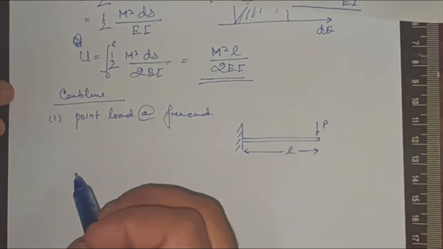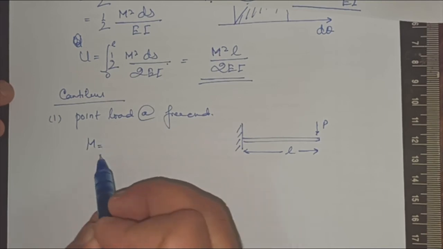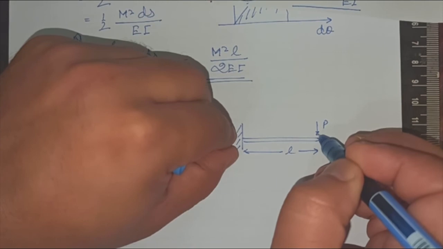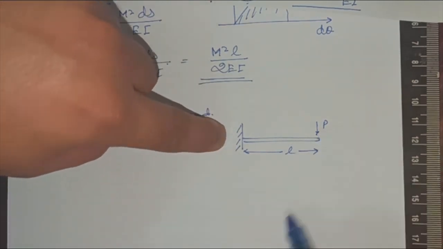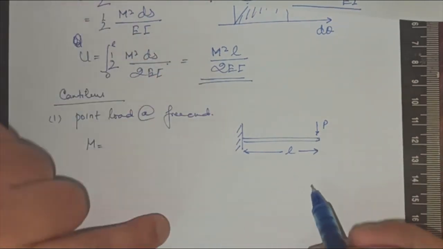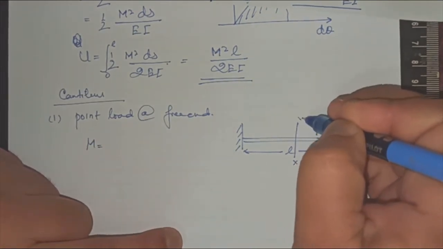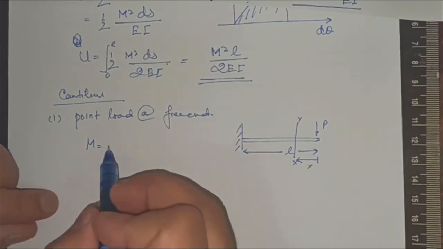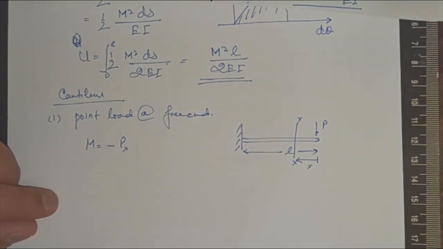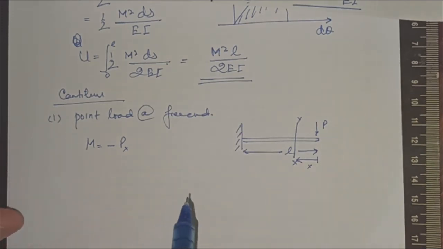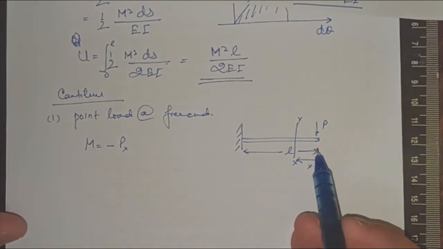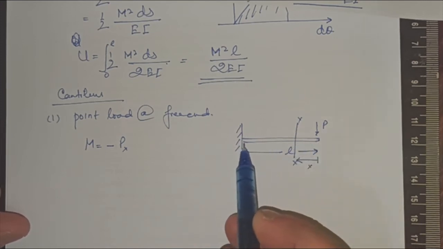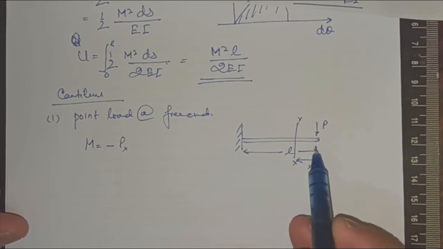So my bending moment will be, remember, a bending moment trying to rotate it in a clockwise fashion. This is fixed, trying to rotate it in a clockwise fashion. So this will be P times, at any cross section, a distance X from this end. So my bending moment will be minus Px. I am trying to obtain the strain energy, so I will obtain it at a particular section, then integrate it over the overall length.